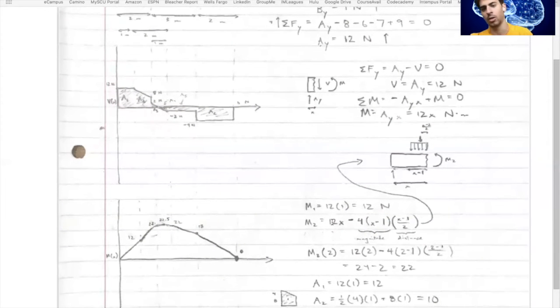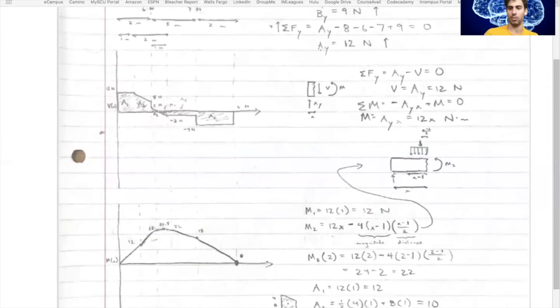So we have 12x right here, which is just the initial AY applied load, and x is the distance from wherever you make the cut. And then you actually have 4 times x minus 1.